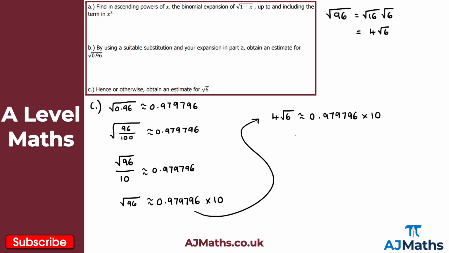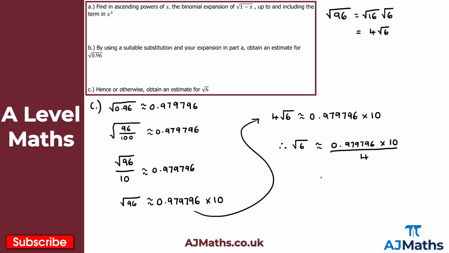And then finally, we want an estimate for root 6, so I'm going to divide both sides by 4. Therefore root 6 will be approximately 0.979796 times by 10, and then we divide all of this by 4.